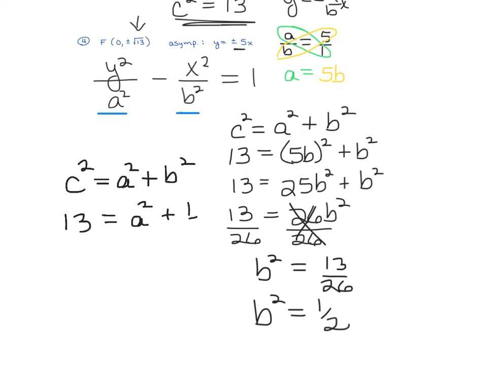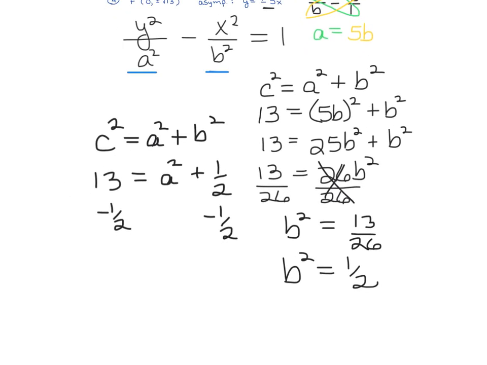And b squared is 1/2. Gonna subtract 1/2. I'm actually going to turn this into an improper fraction and change it so it has a common denominator. So then I get 25 over 2 is equal to a squared.